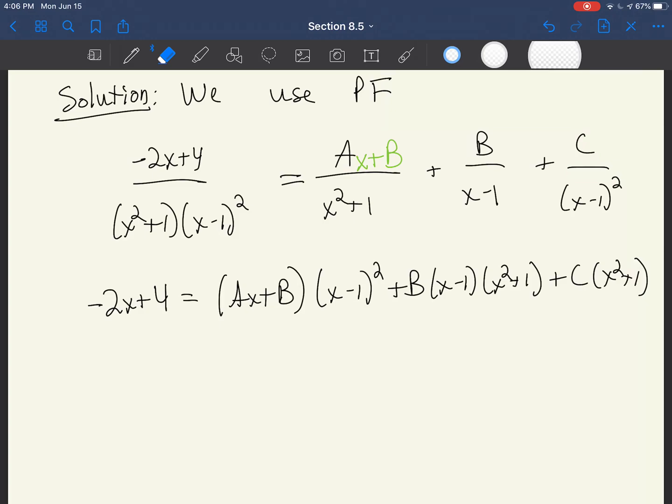We have 4 variables. Oh, I'm sorry. I have two variables defined the same way. So let's do (Ax + B), C over x - 1, and D over (x - 1)². Shame on me.